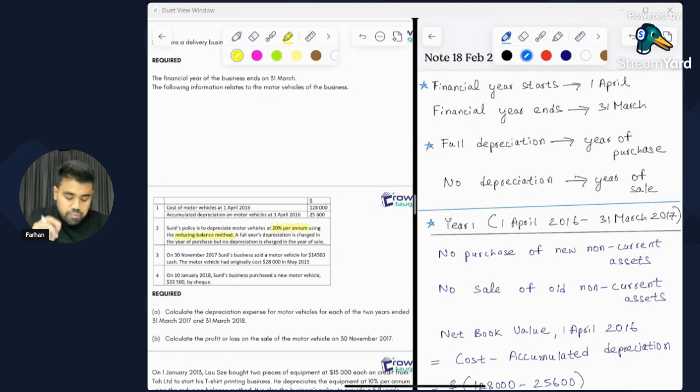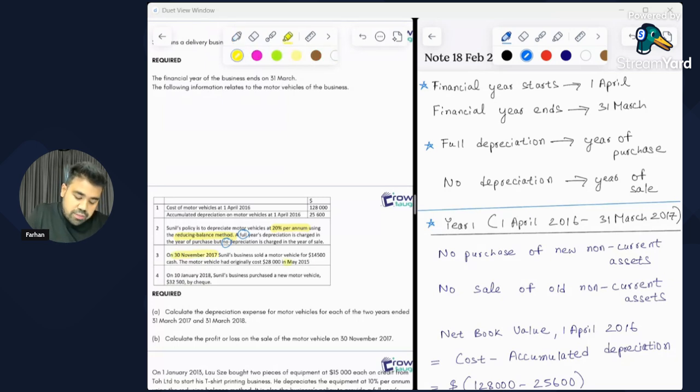All right. A full year's depreciation is charged in the year of purchase, but no depreciation is charged in the year of sale. In the third information, on 30 November 2017, Sunil's business sold a motor vehicle for $14,500 cash. The motor vehicle had originally cost $28,000 in May 2015.